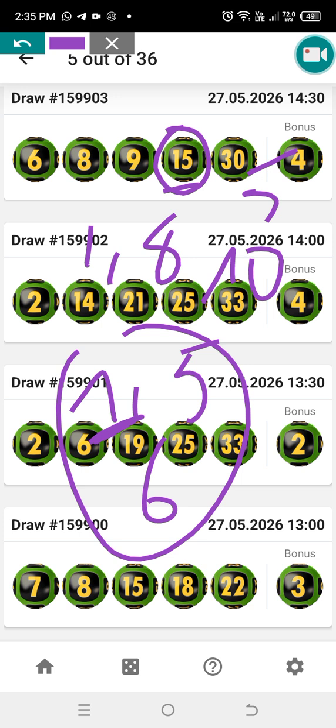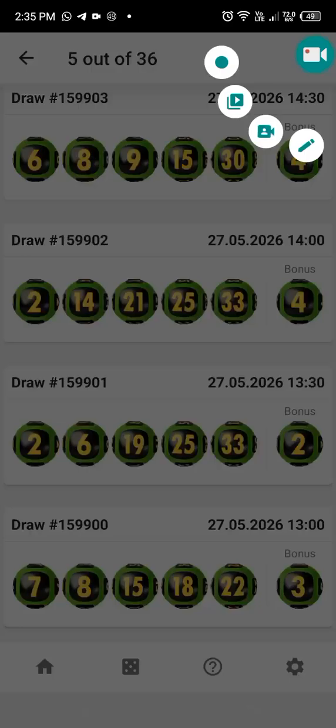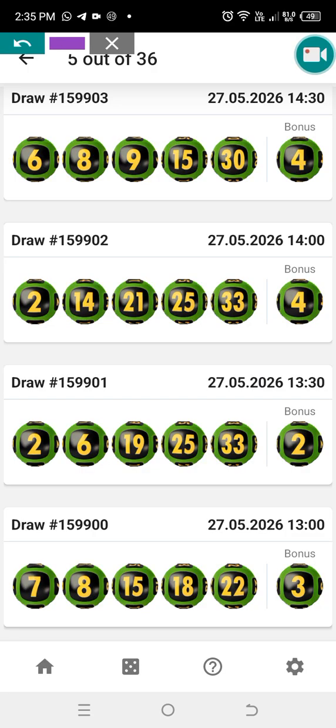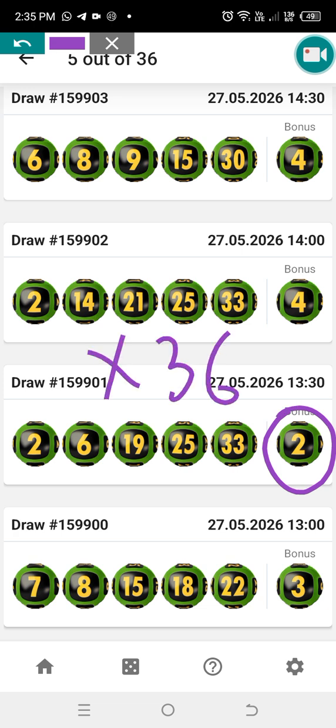All right. Now the very interesting one is to take the bonus multiply by 36. That is the most important code. All right, so let's move. 2 times 36, it's equal to 72.